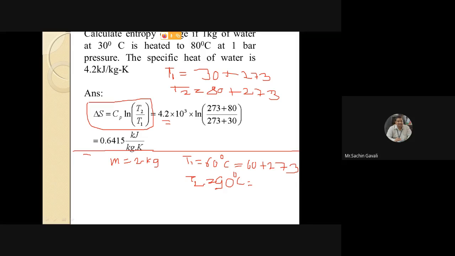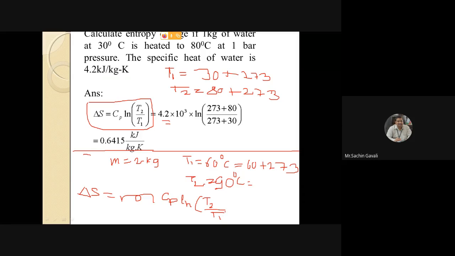Therefore, the formula will be delta S is equal to m into Cp ln of T2 divided by T1, because here the mass is given.